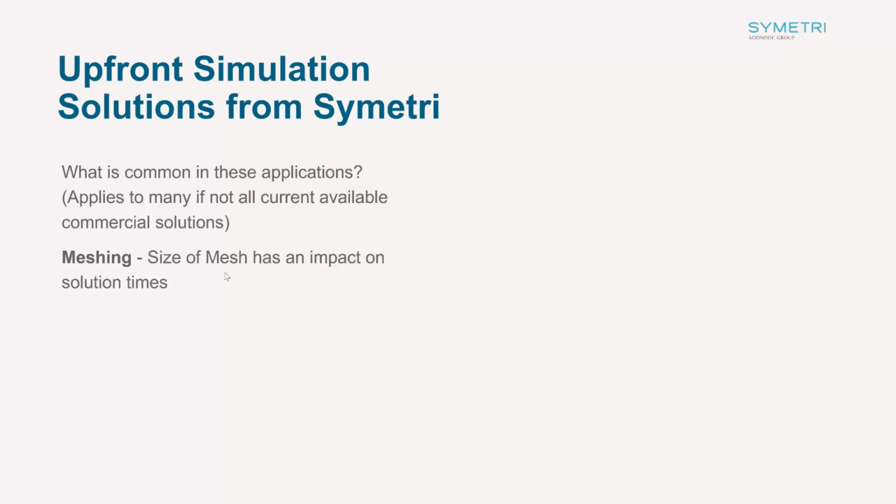For example, one of those problems is meshing. Depending on your familiarity with simulation software or how simulation works, you're all aware that meshing is a critical part of the simulation workflow.